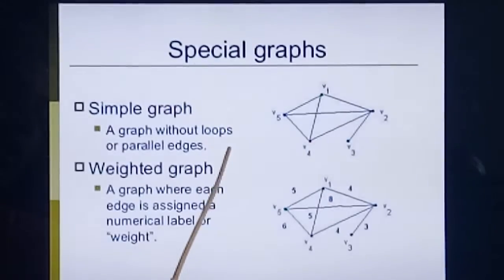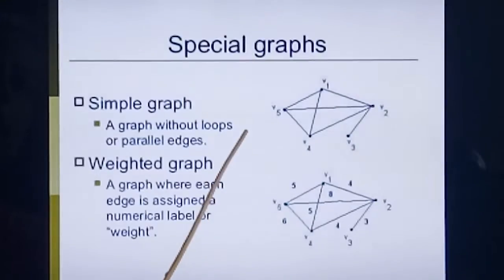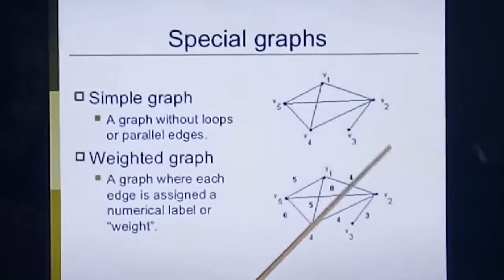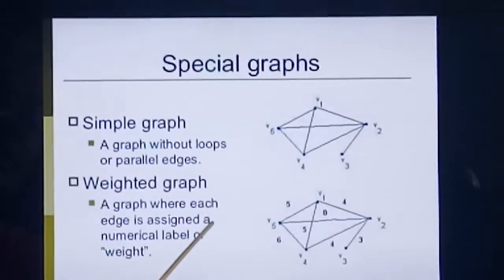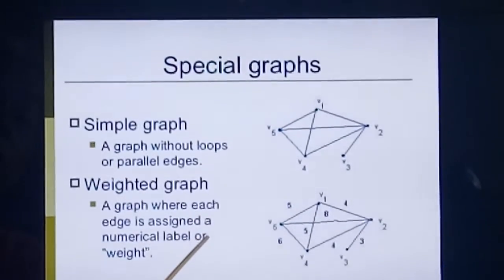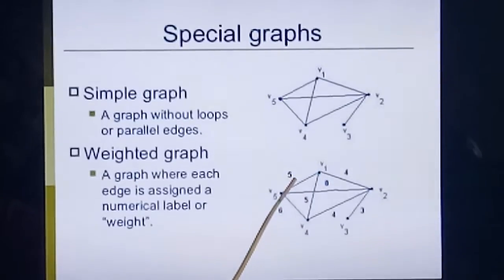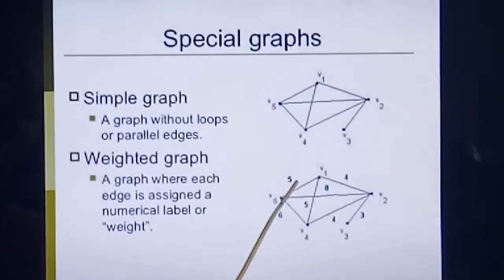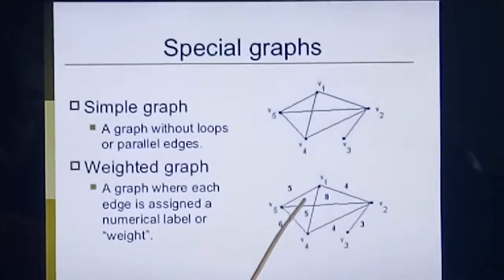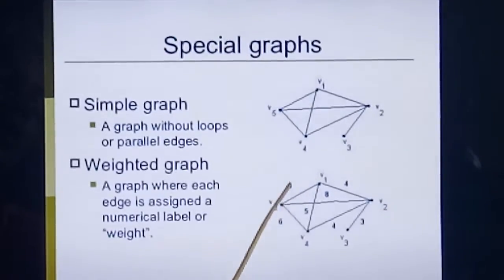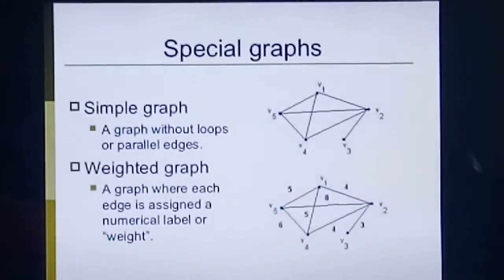A graph without a loop or parallel edge, you call it a simple graph. And a weighted graph is a graph where each edge is assigned a numerical label or weight. So for this edge you assign some value. It might be a weight or it might be distance in kilometers or whatever it is. When you give that specification on the edge, that graph you call a weighted graph.